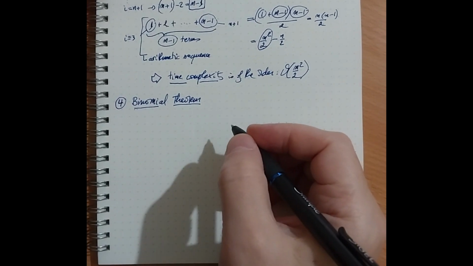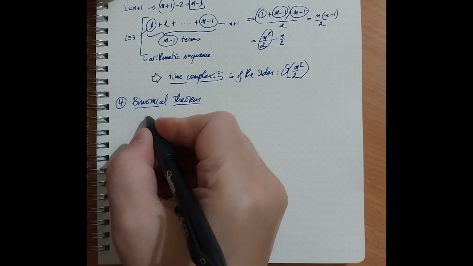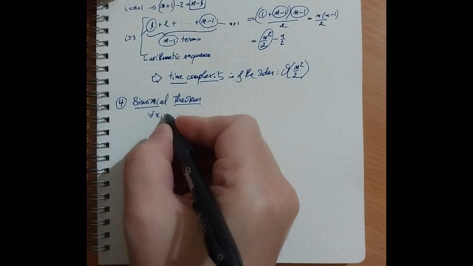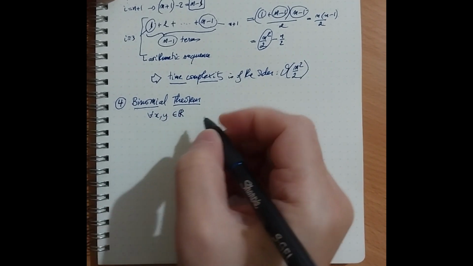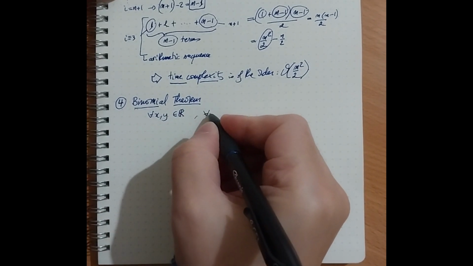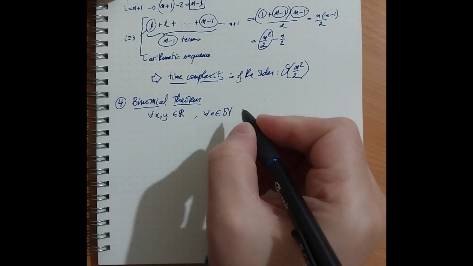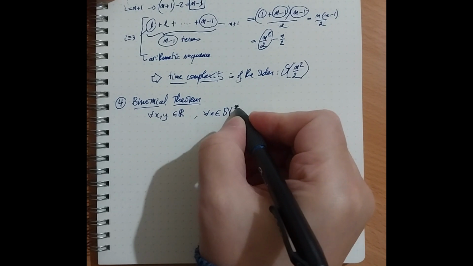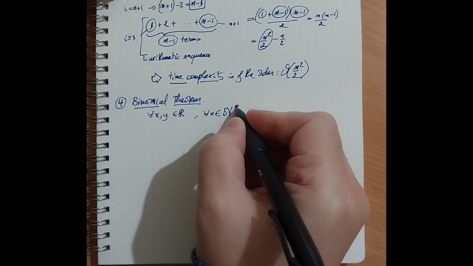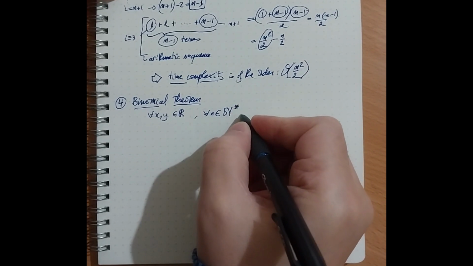So the binomial theorem states that whatever x and y in R and whatever n in big N star, the set of natural numbers, except 0, and star means not including 0.